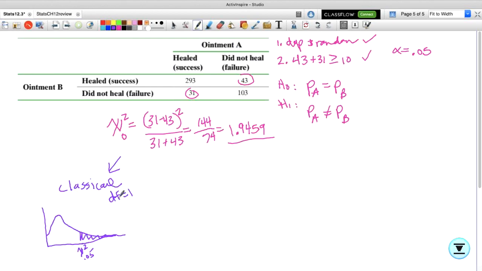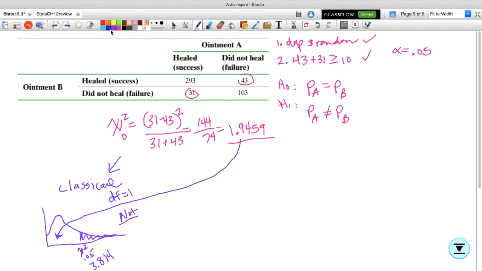Degrees of freedom being 1, I could go back to that table, but honestly, it's still 0.05, so it's going to be the exact same: 3.814. Is 1.9 bigger than 3.8, or is it smaller? Clearly this 1.9 is going to be over here, right? It's not in the shaded area, so there's not enough evidence to reject the null.